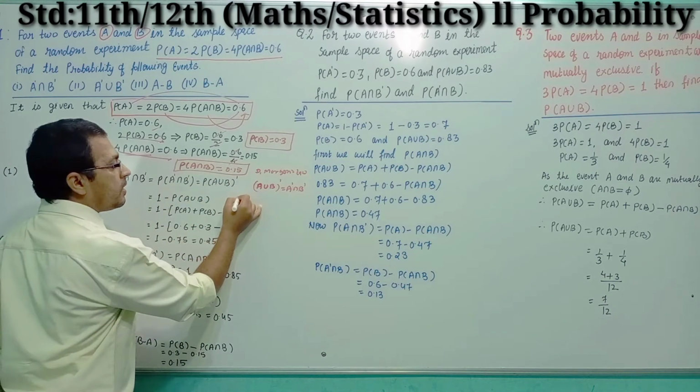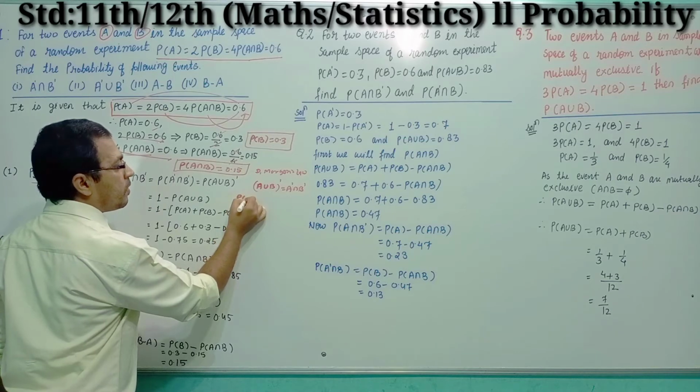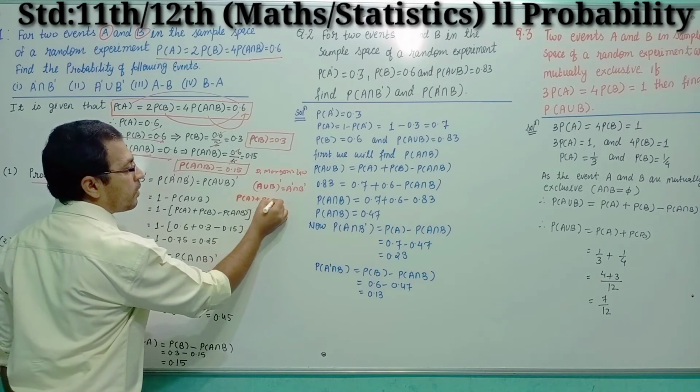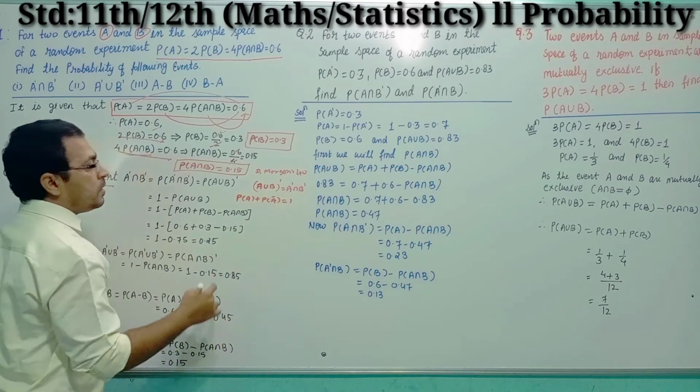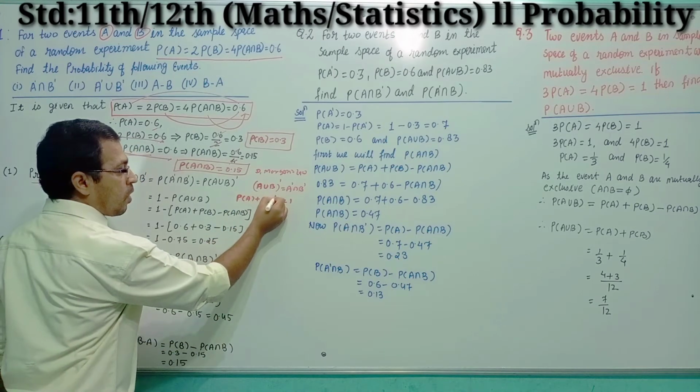Now students, we know that P of A plus P of A bar is equal to 1. A bar means the complemented event.